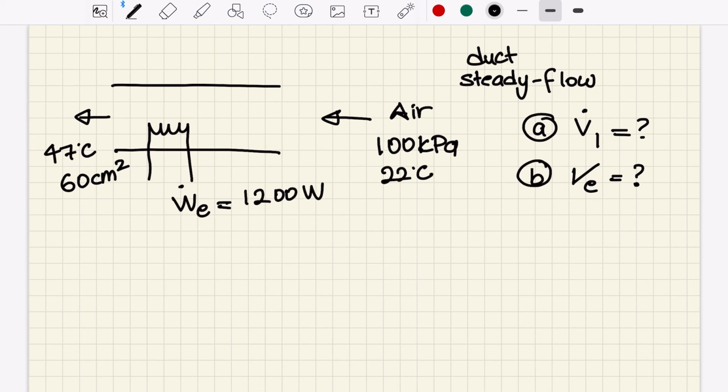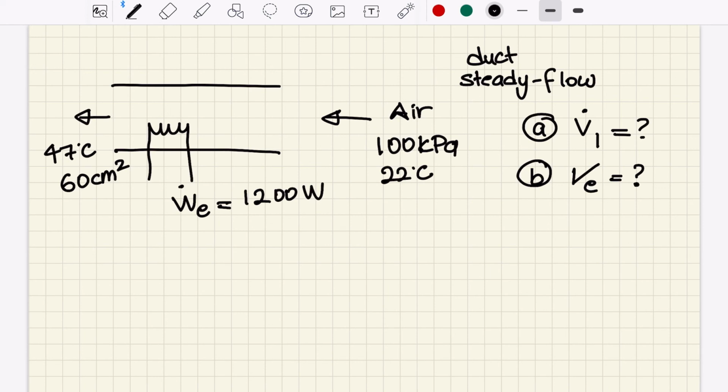We are given the power of that electric resistors, 1200 watts, and inlet conditions given, and exit temperature is given, and exit area is given. So we are asked to calculate the volumetric flow rate at the inlet and then velocity at the exit.